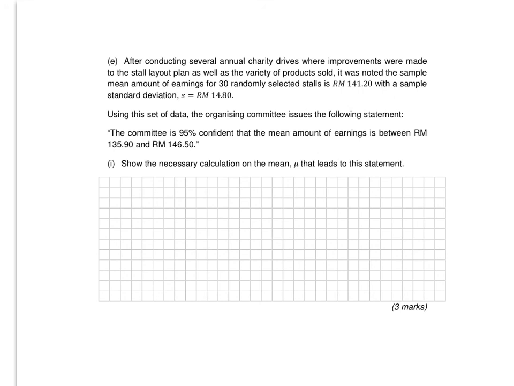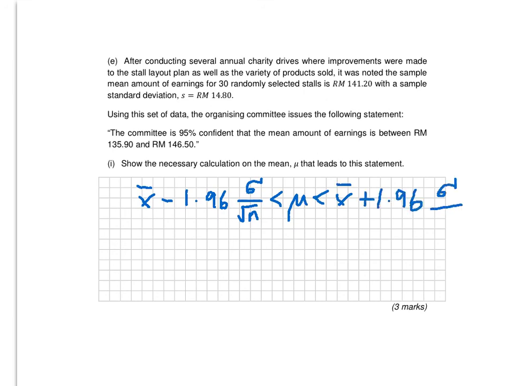The steps are x bar minus 1.96 sigma over square root of n to mu to x bar plus 1.96 sigma over square root of n. Substitution, you have your answer, which is 135.9 to 146.5.